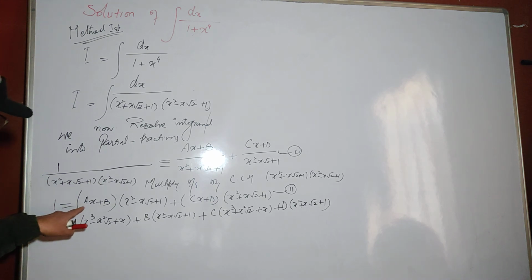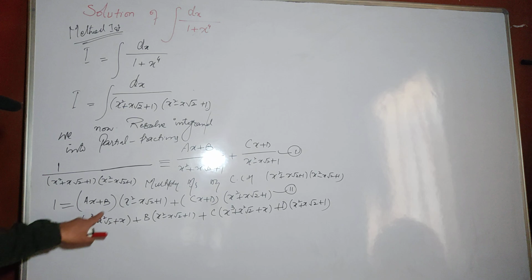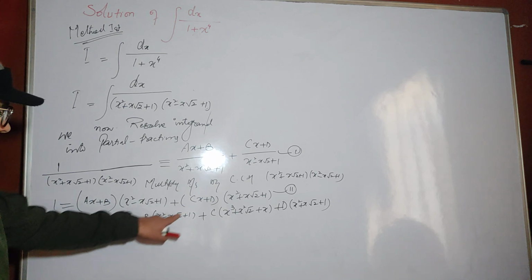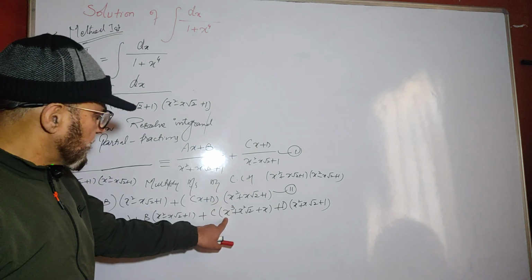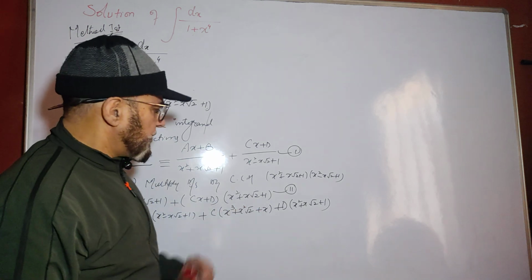We multiply ax into this, b into this, cx into this becomes x cube plus x square root 2 plus x, then d into this.